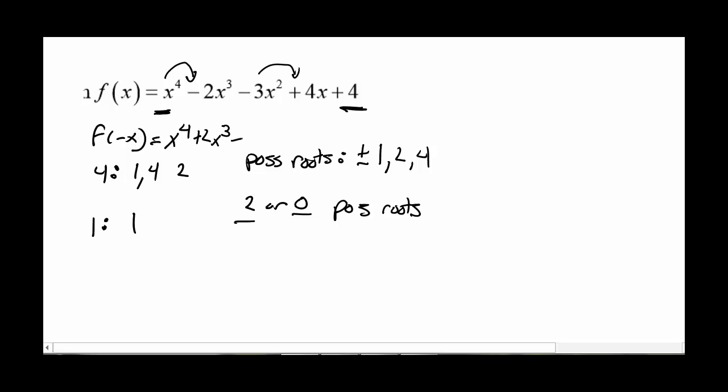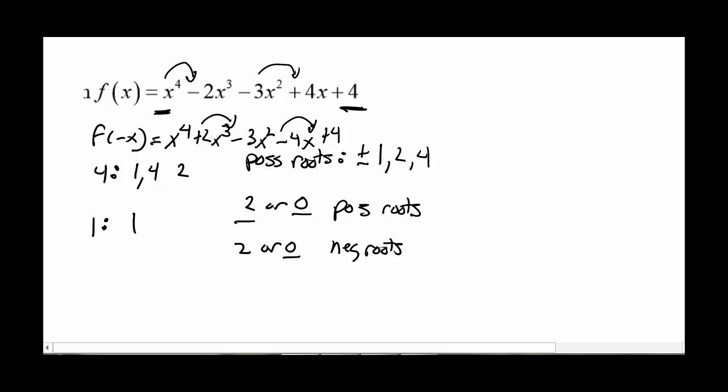X squared would stay the same. 4x would actually switch to a negative, and then plus 4 would stay the same. Okay, so this is on the negative side. There's positive and there's negative. Okay, so that tells us we have 2 or 0 negative roots.